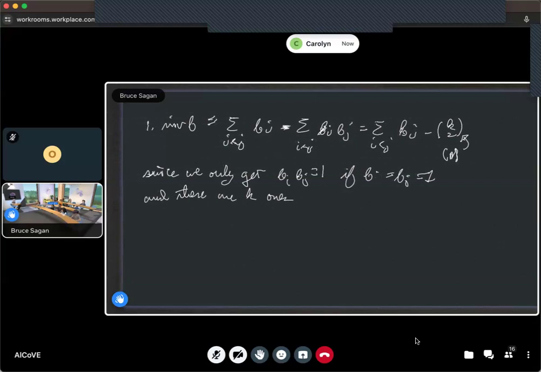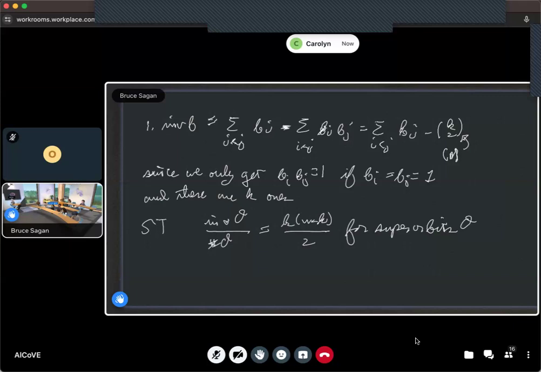So it suffices to show that inv of O over the cardinality of O equals what it's supposed to be, for superorbits O. We were using O star before, but let's just use O here to make life simple.